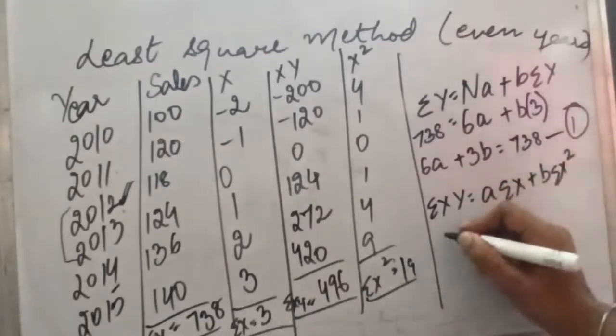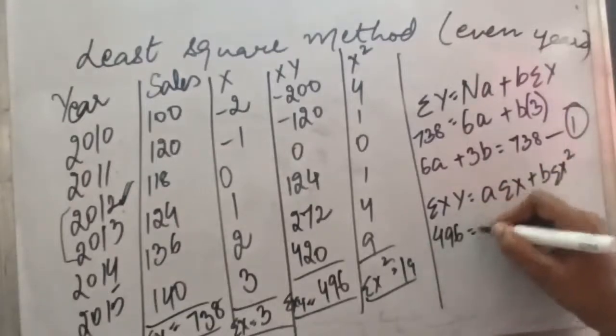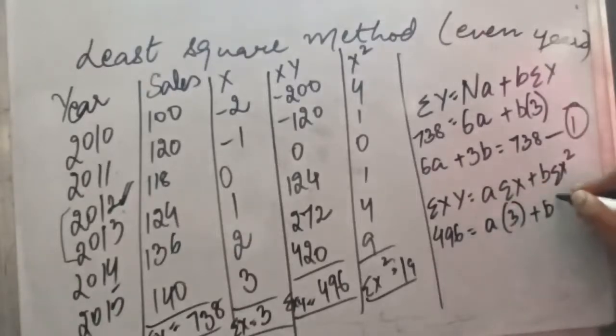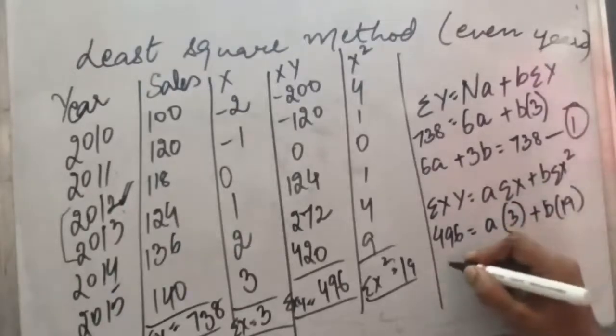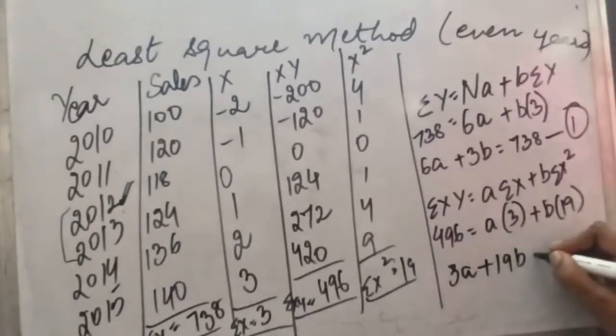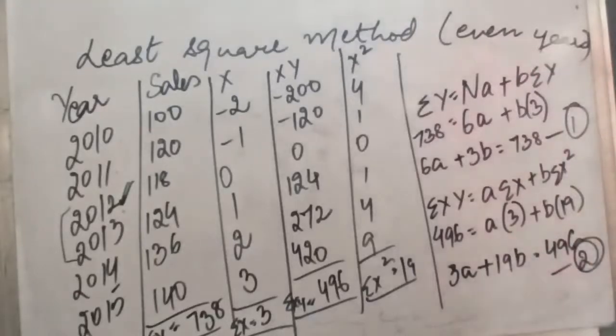Sigma xy we have calculated as 496, sigma x here is 3, and sigma x square is 19. So my second equation will be 3a plus 19b is equal to 496. This is our second equation. Now, from equation number 1 and equation number 2, you have to cancel one element and calculate the other.